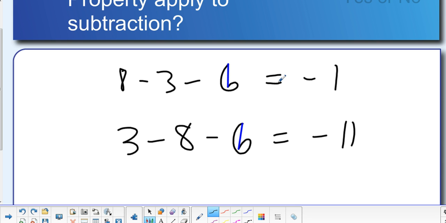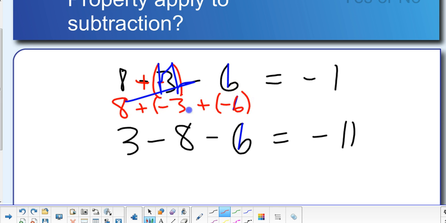However, if you change the subtractions, right, and I don't subtract, I add the opposite. So if you change the minus 3 to adding negative 3, so we change this to 8 plus negative 3 and plus negative 6.